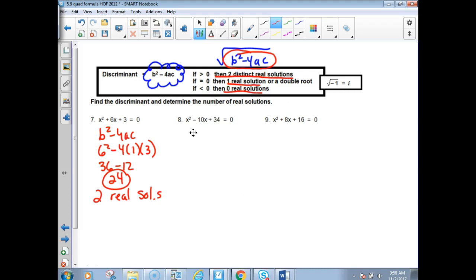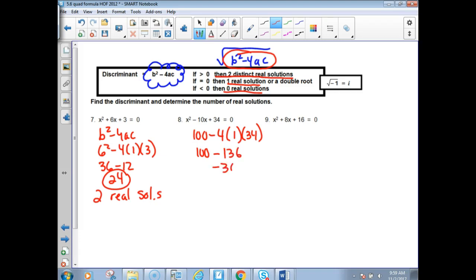Okay, so b squared in this next problem, negative 10 squared is 100. Doesn't matter that it's negative because when we multiply it times itself, you get a positive. Minus 4 times 1 times 34. I can tell right now this is going to be negative. Minus 136.